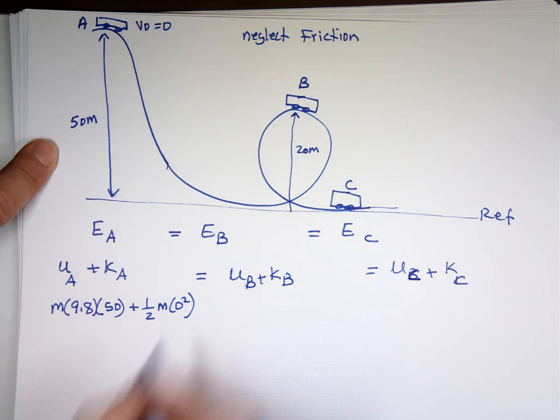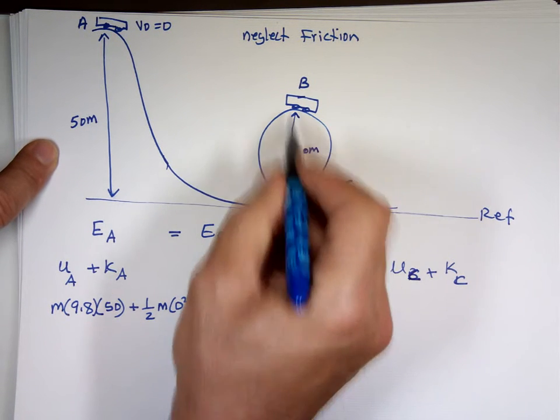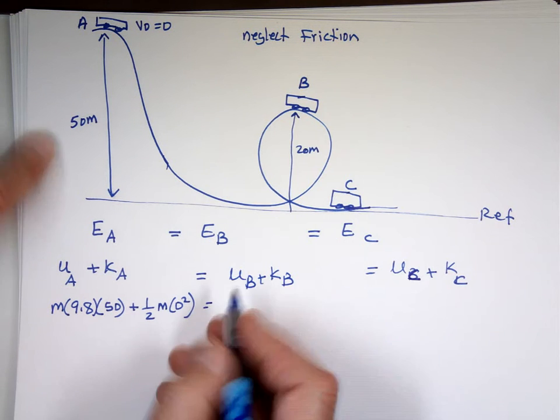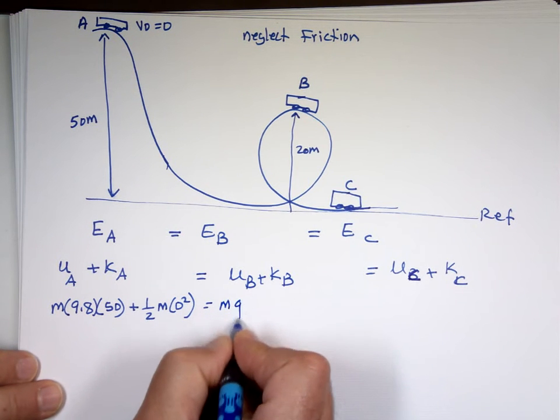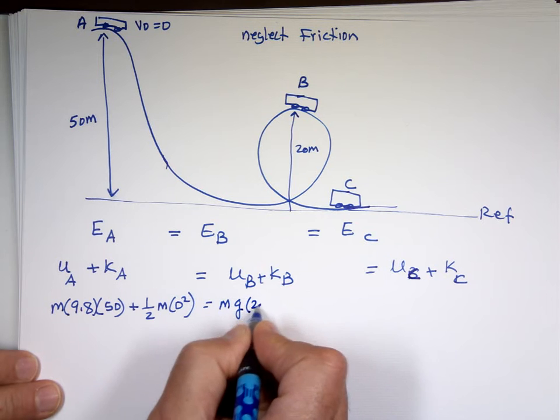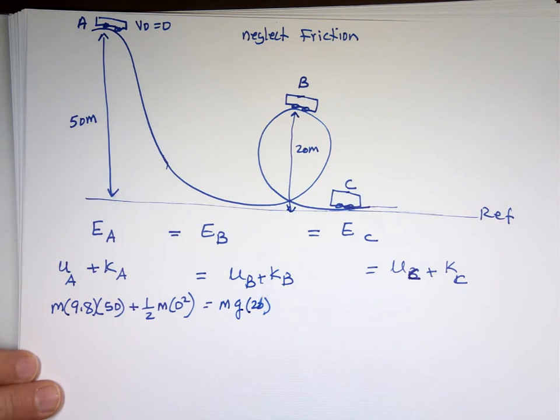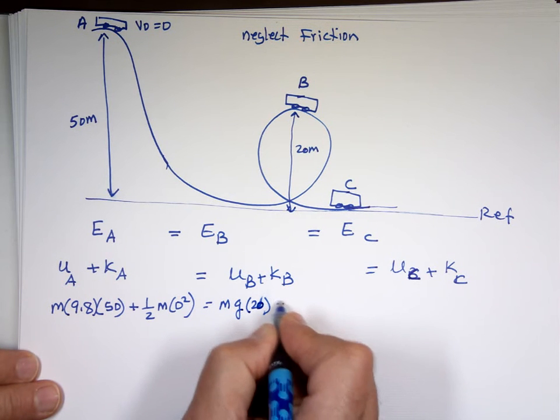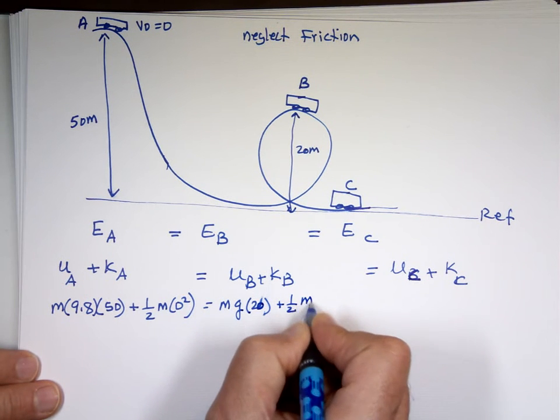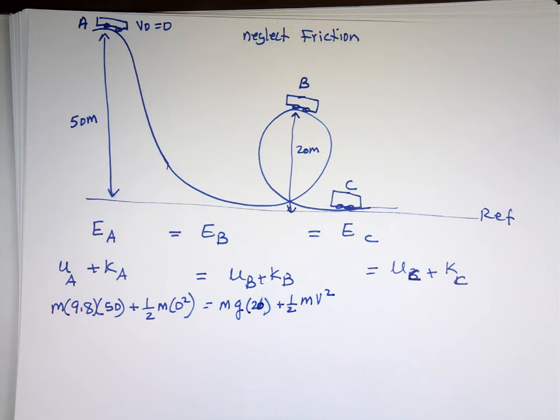Here, potential energy is not 0. You're on the top here. Your potential energy is mass times gravity times the height, which is what? 20? I put 20 meters. You see it? That's 20. Plus the kinetic energy. Now we do the math.